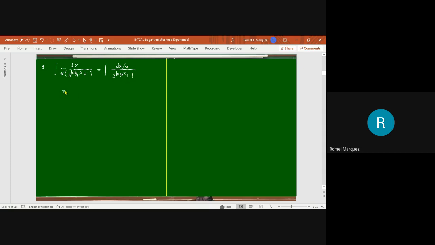What is our u, guys? 3 to the logarithm of x to the base 5 plus 1. What is its derivative?